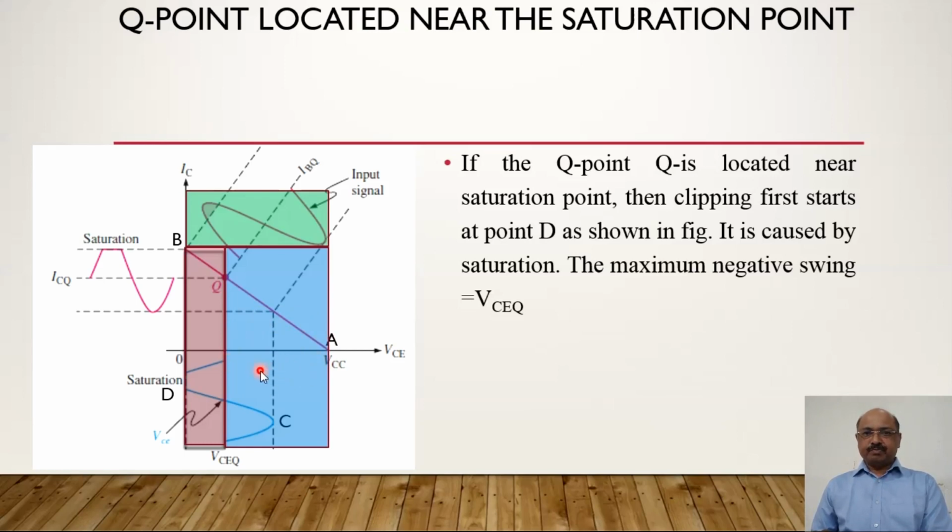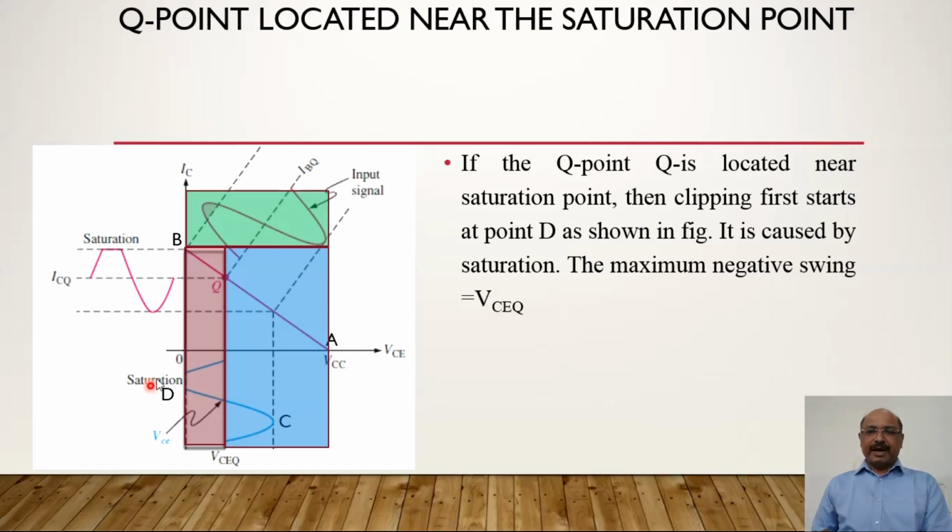So the rule is, if you want to get undistorted amplification, then you have to select the minimum one. If the rule is not followed, meaning we utilize more distance of ICQ into RAC, then see in the figure, clipping first starts at point D. So see, this is the clipping portion for the negative swing.